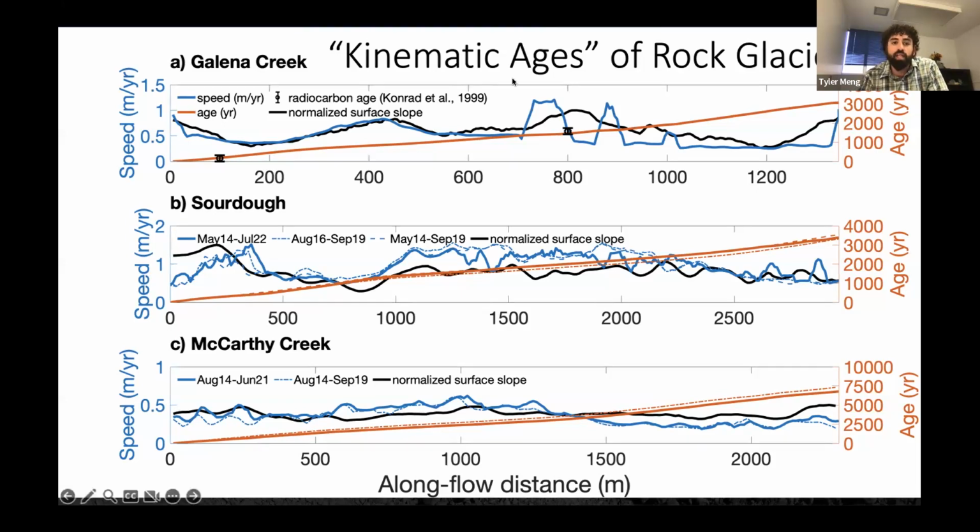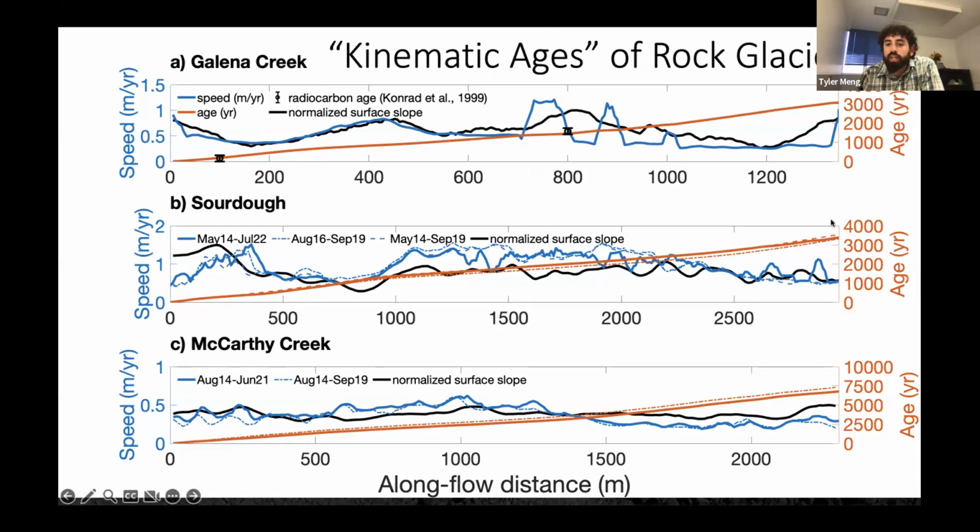And what's really convenient is that there exist these radiocarbon ages from this Conrad et al. paper from different points along the rock glacier at this site. And we were able to validate those locations, and it's just really nice that our ages fell within the error bars of the radiocarbon ages that were measured in leaf fragments at similar points along the rock glacier.